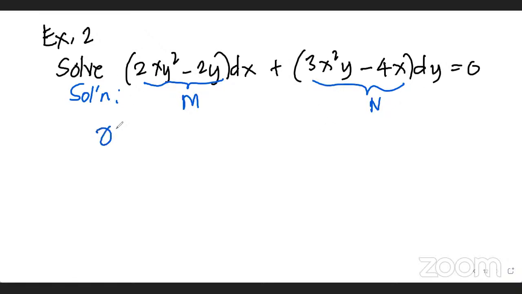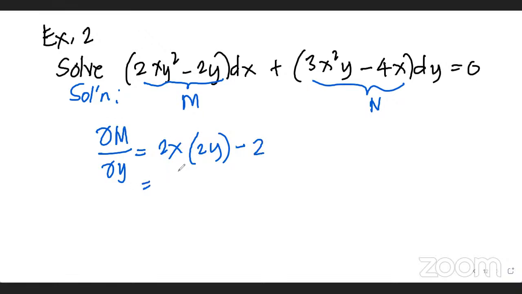Now take the partial derivative of m with respect to y. So x will be held constant. So dito, kopyahin mo lang yung 2x, differentiate mo yung y squared, and that is 2y dy over dy times 1 lang yan. Minus, differentiate mo yung negative 2y with respect to y, so we have minus 2.